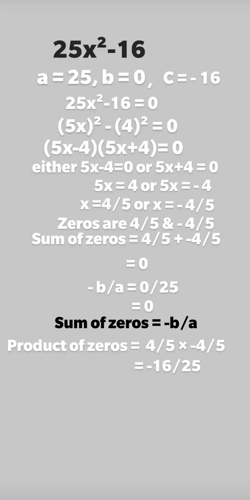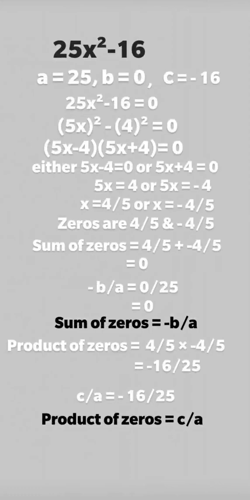Now let us find the value of c upon a. c is equal to minus 16, a is 25. Therefore value of c upon a is minus 16 upon 25. Here also we got product of zeros is equal to c upon a.